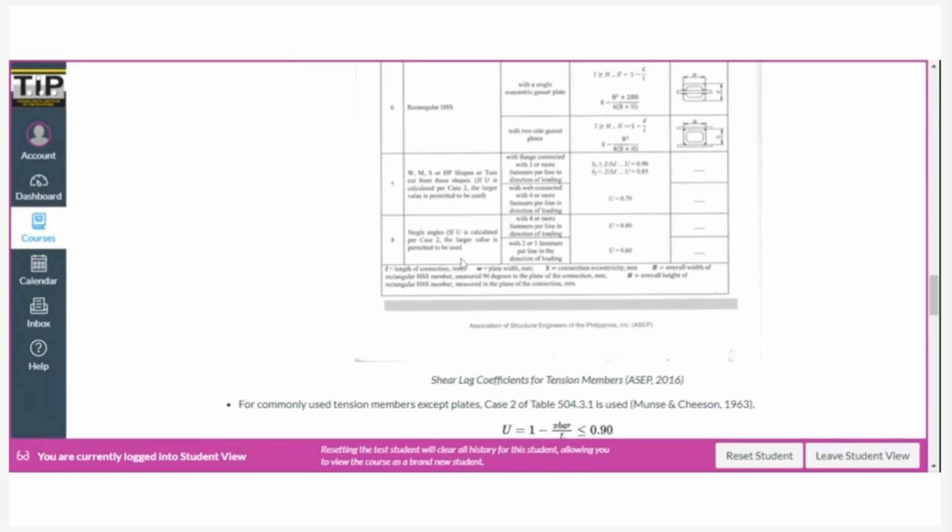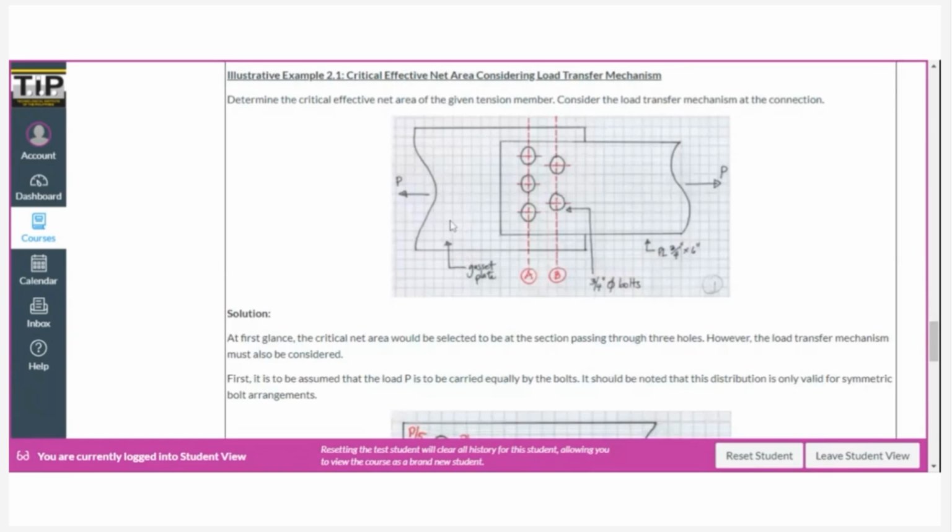Alright, so for some examples, say we are given a tension member here with this particular detail. We assume that the connection itself and the gusset plate are adequate. We are tasked to determine the critical effective net area of the given tension member.